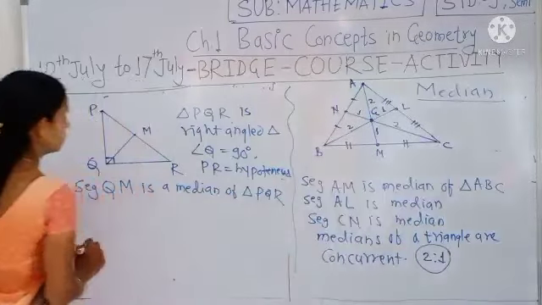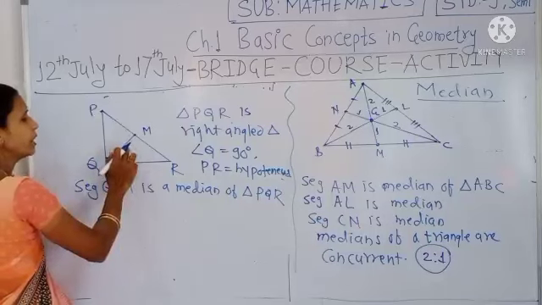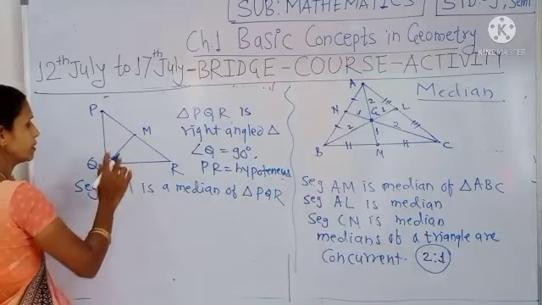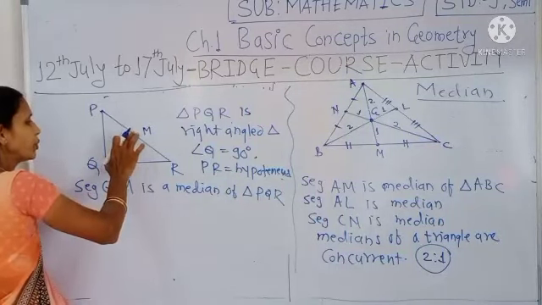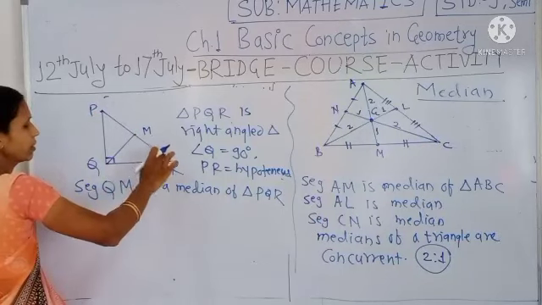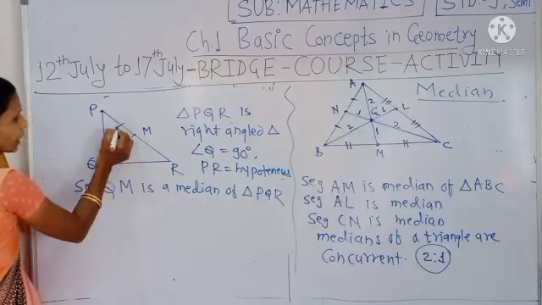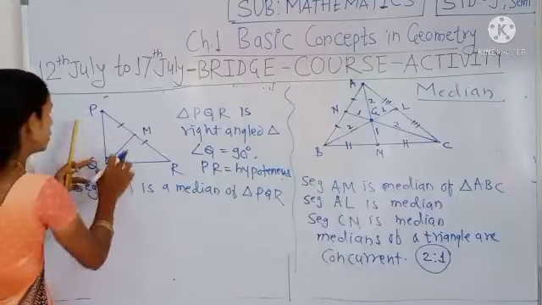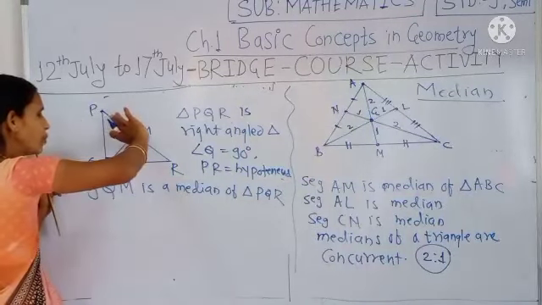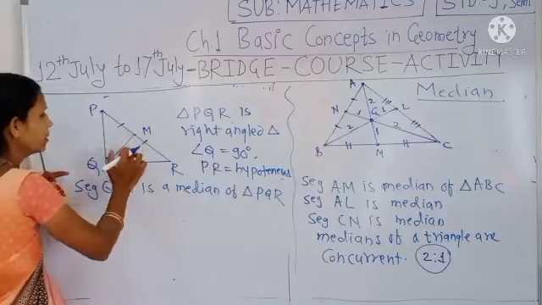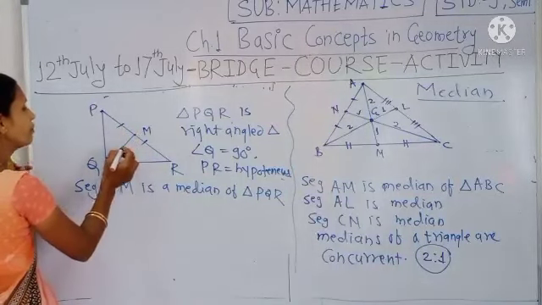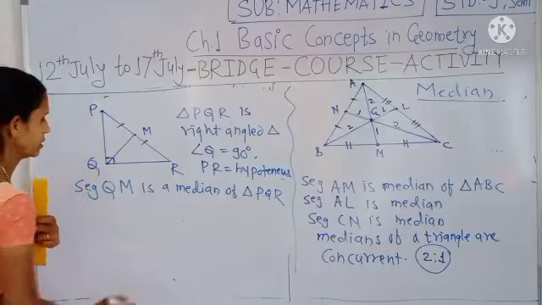And here the property related with the median of a right angle triangle is that the median drawn on the hypotenuse of a right angle triangle is half of the hypotenuse.